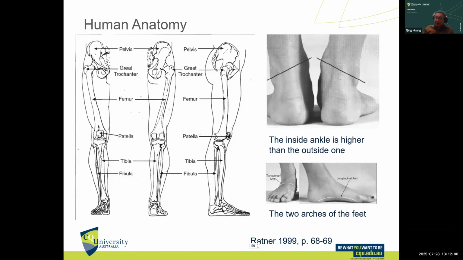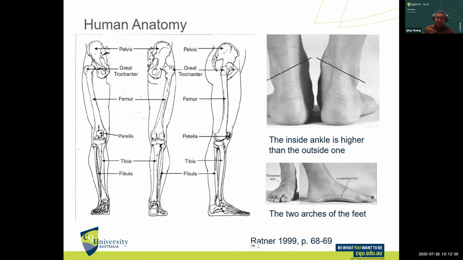Okay, so for the leg part, the major bone structures are listed here, starting with the pelvis. You have the greater trochanter, and the femur, and the patella, which is the knee bone, and the tibia and the fibula. You might neglect it, but now as a 3D artist, you need to be aware of this.